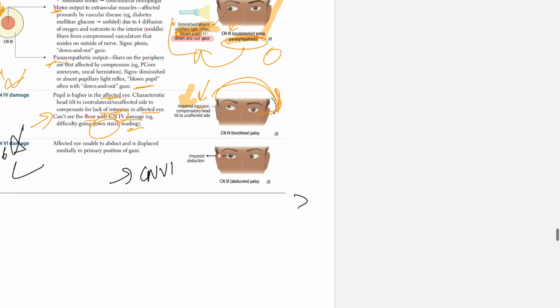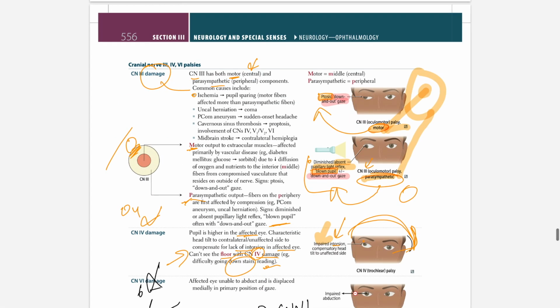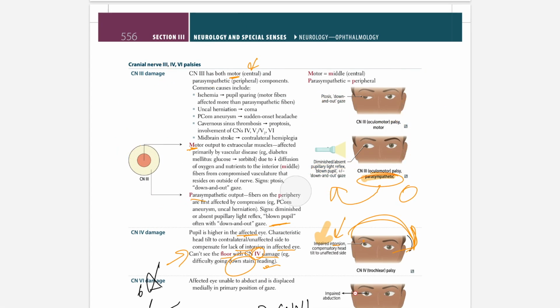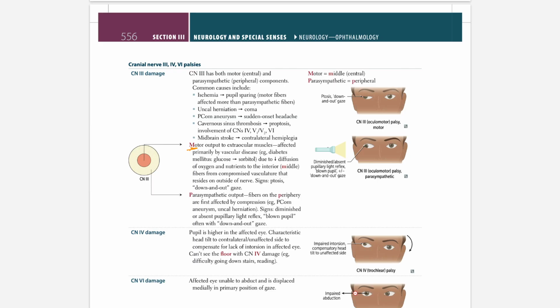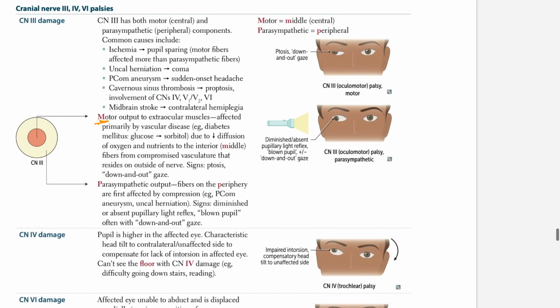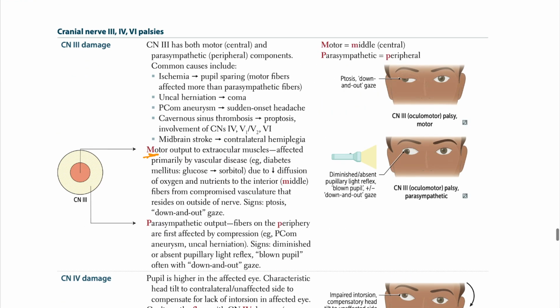Erase all of this. Okay, easy. Okay, let's just quickly go through them. Very easy. All you got to know is simple things and keep things simple, okay? CN3 damage. CN3 is the oculomotor nerve.